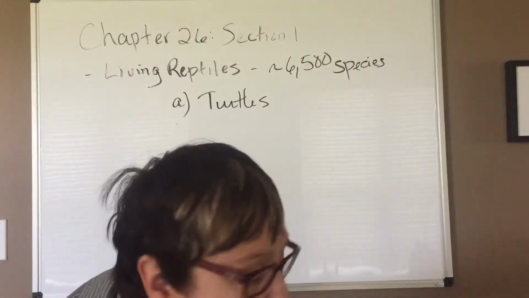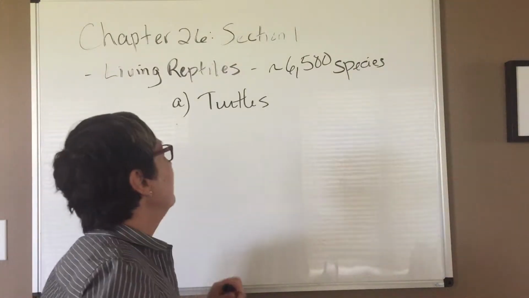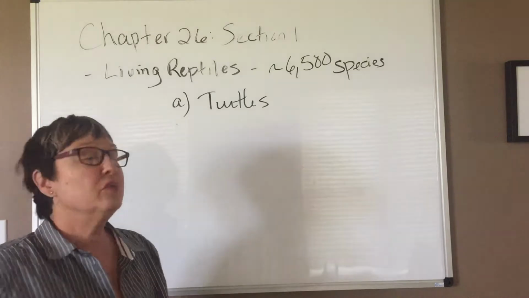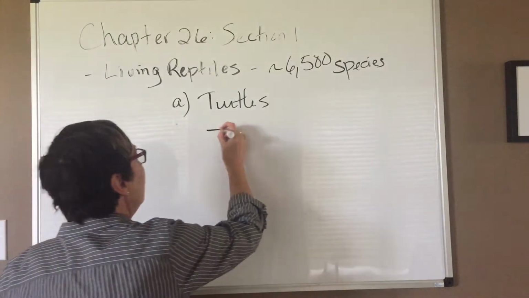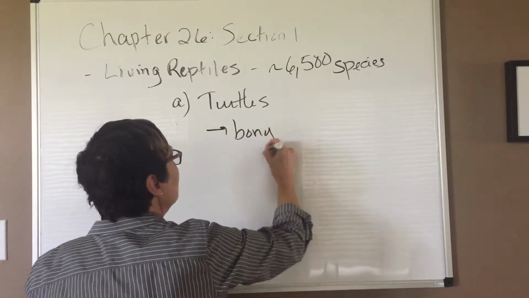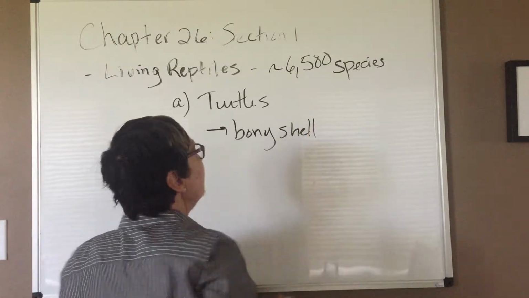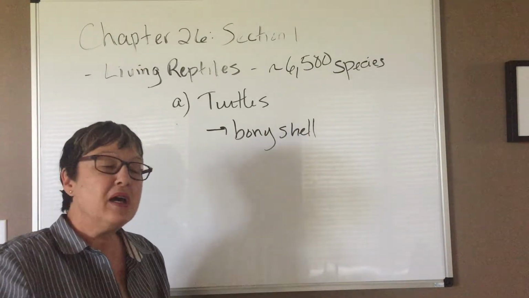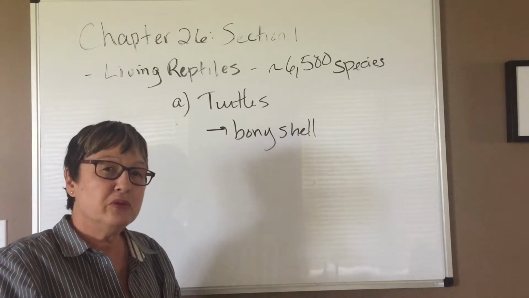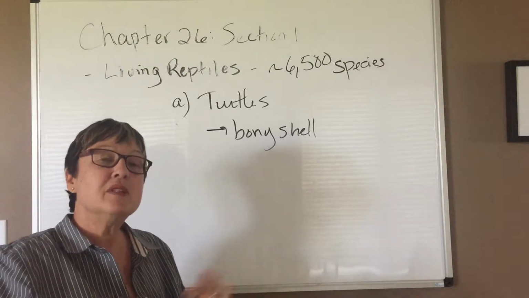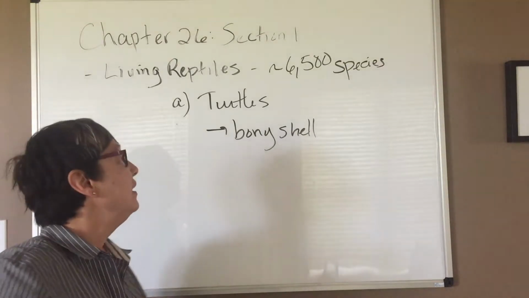Most everyone can distinguish a turtle from other vertebrates, and that's because of its bony shell that encloses most of the body. Really, the only things that will protrude are the front limbs, the hind limbs, and the head.